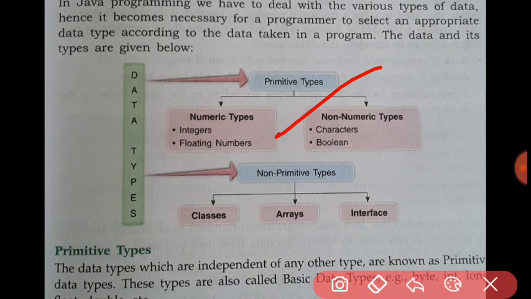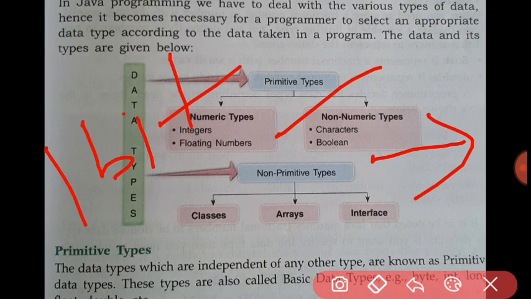Boolean, the size of boolean is only 1 bit, not byte, 1 bit. Remember, a byte consists of 8 bits. And bit, byte, kilobyte, megabyte, gigabyte, terabyte, these all are the data storage units of the computer, as we use gram, kilogram, like that.